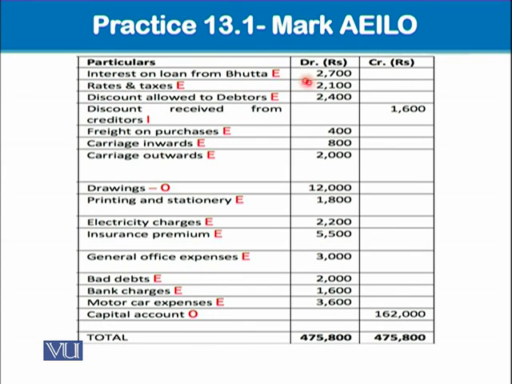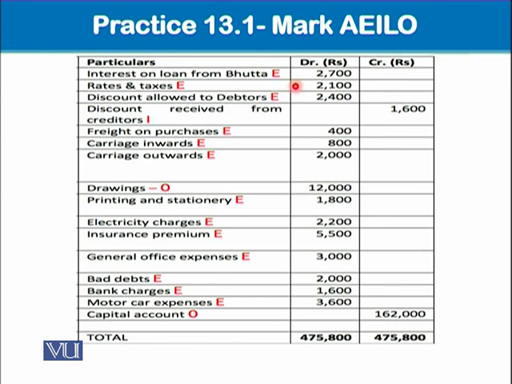Mark E. Good. Well, rates and taxes, again, no worries. If these terminologies are new for you, at least the debit side of the trial balance is not new for you. So just use accounting logic now.